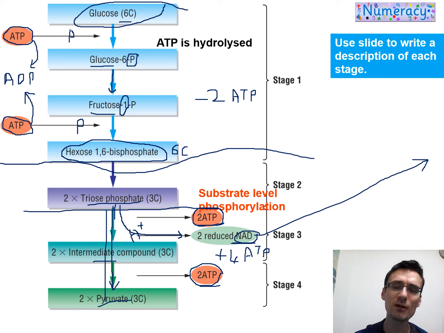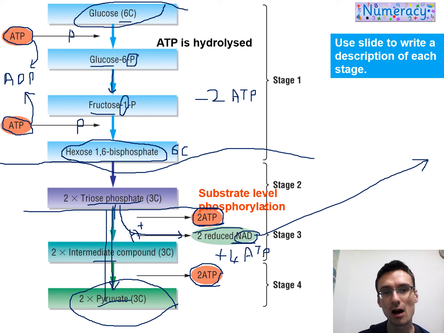So if we look at what the products are, and this sometimes is overlooked by students, or they make simple errors here that they shouldn't make. What we've got is a couple of different products. We have got 2 molecules of pyruvate as a product, which will then be used in the next reaction in the next video. We've then got 2 molecules of reduced NAD, which means NADs with hydrogens on it, and the hydrogens have come from oxidizing triose phosphate.